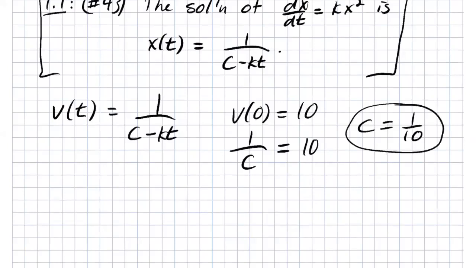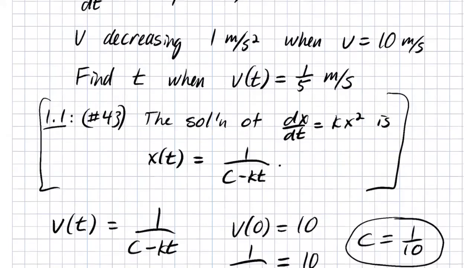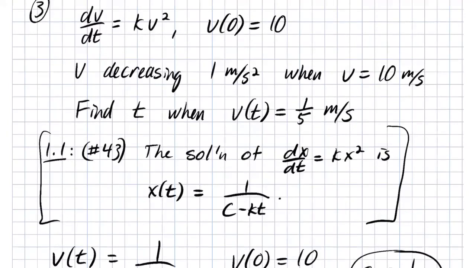Okay, so we have that. So that means that v of t is going to, so if I put 1 over 10 down there, I'll just multiply top and bottom of this by 10. That might make things a little bit easier. So 10 kt there. All right, so the other piece of information, so we don't know what k is yet, so we need to figure out this other piece of information.